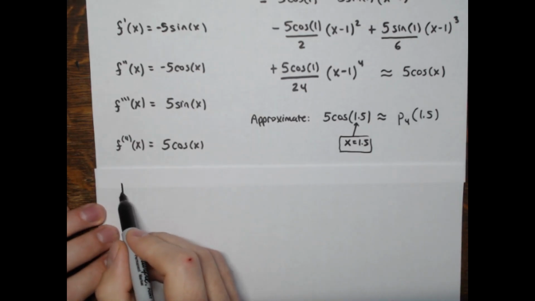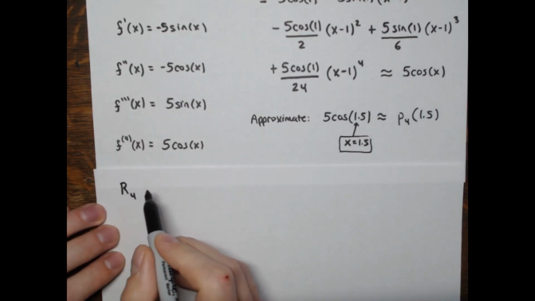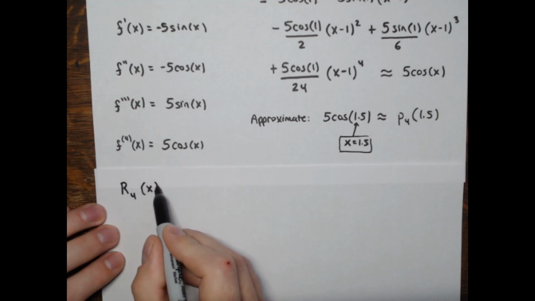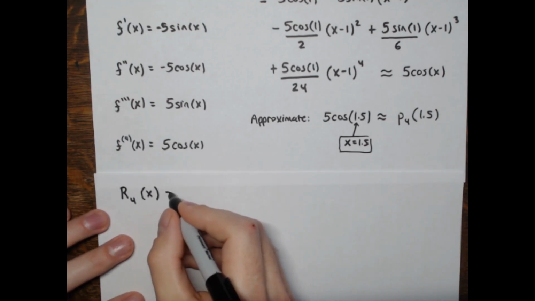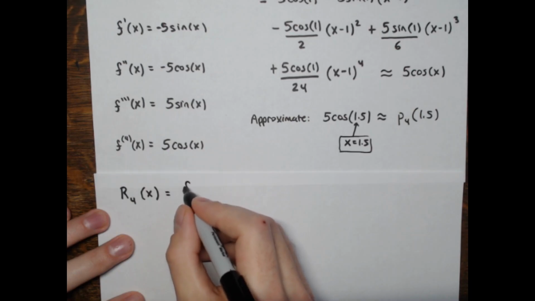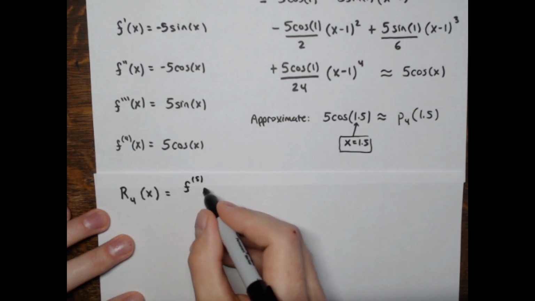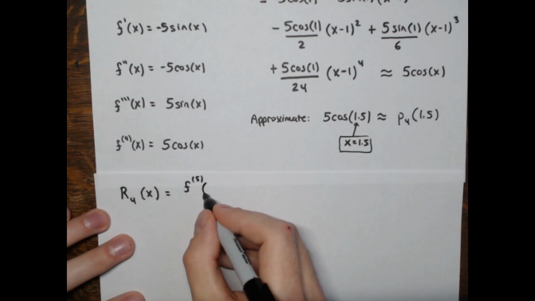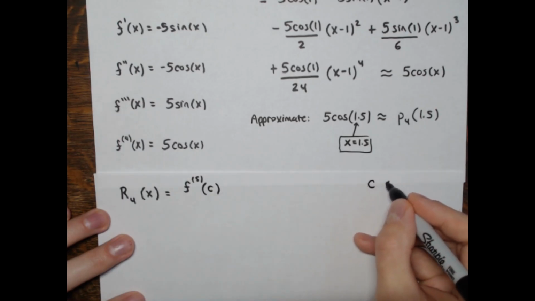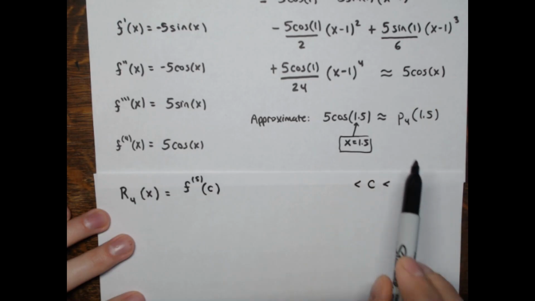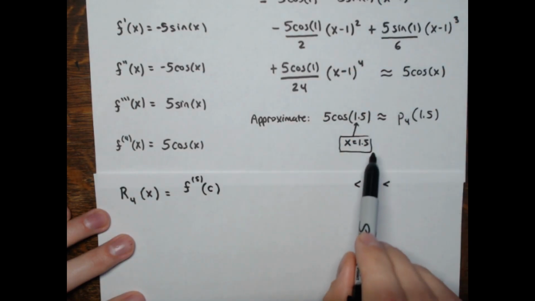All right, so remember the error term. R4 of x would be equal to the value of the fifth derivative at some value c, where c is between x and a, so between 1 and 1.5.